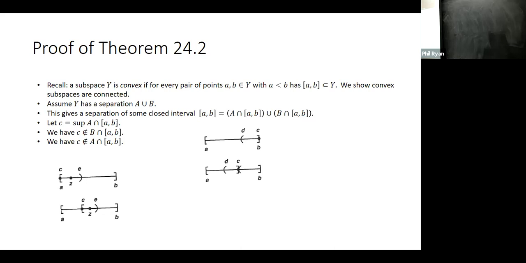Least upper bound. Hang on, let's say Z is greater than C, and it's in A, so C is not an upper bound. So in either case, C can't be here, C can't be here, so this is false. We've got a contradiction. They can't equal the whole closed interval AB.